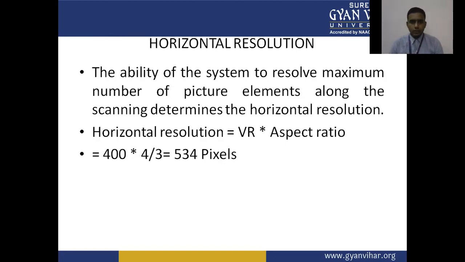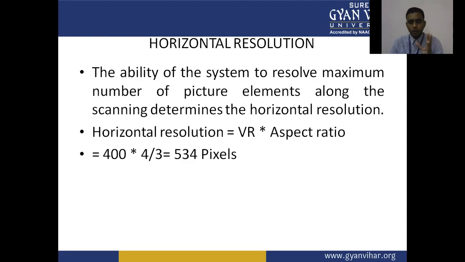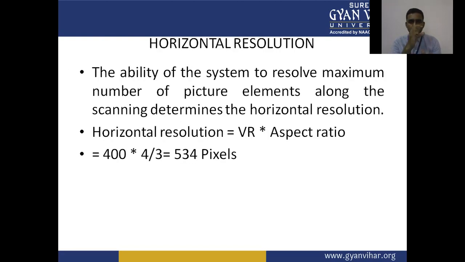Horizontal resolution gives the pixel value and vertical resolution gives the lines value, because in horizontal resolution we consider only a single line. We measure the resolution for one line.